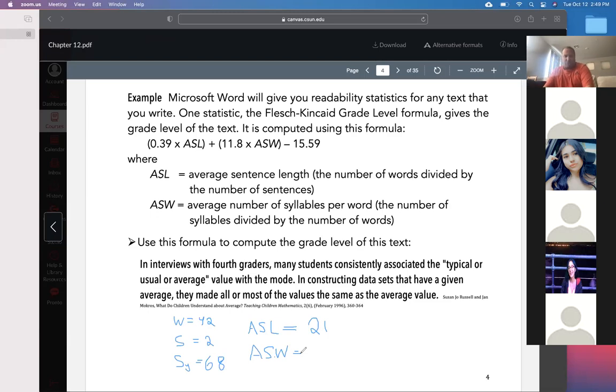It'll be decimal, yeah. Or you can keep it as a fraction for now. So it would be 68 over 42, right? 68 over 42, which is like 1.6 something. Yeah, about 1.6. Okay, so let's compute now where we have these two numbers. Let's compute the Flesch-Kincaid grade level formula.